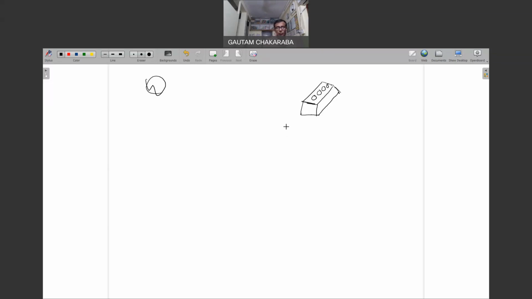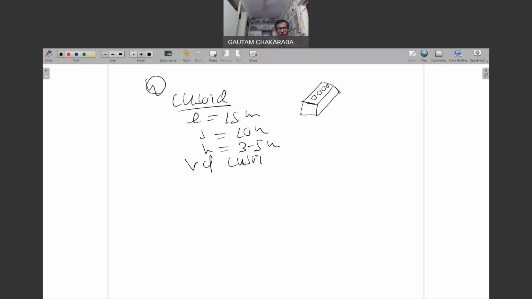Now cuboid dimensions: length 15 centimeter, breadth 10 centimeter, height 3.5 centimeter. Volume of cuboid is length into breadth into height.